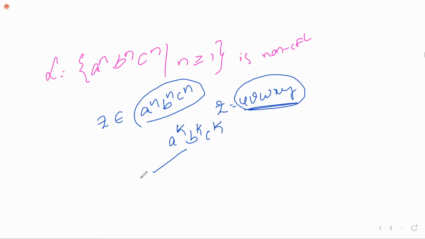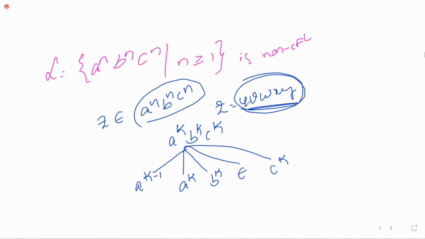I can assume it like a power k minus 1, a, b power k, epsilon, c power k. I have written it like this because as per the definition Z equals UVWXY. So now the given language is in the form of Z, that is UVWXY.